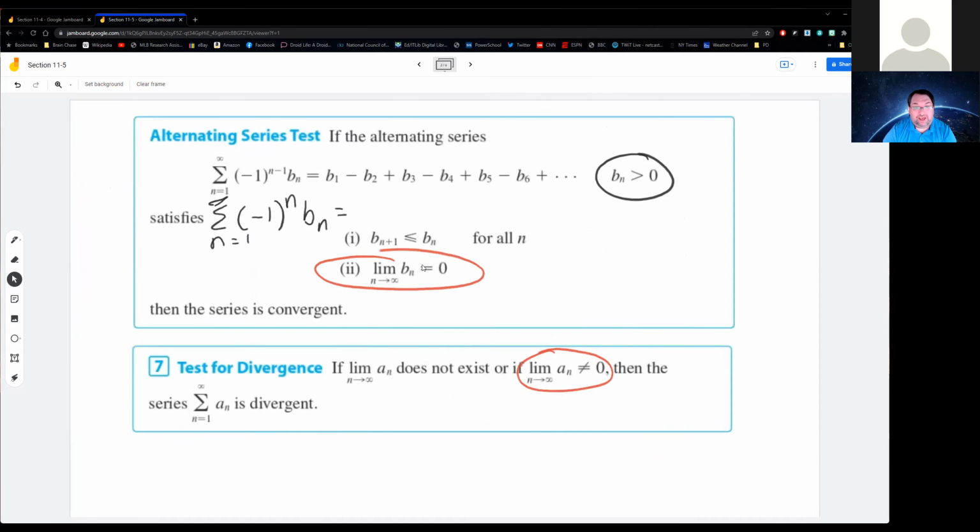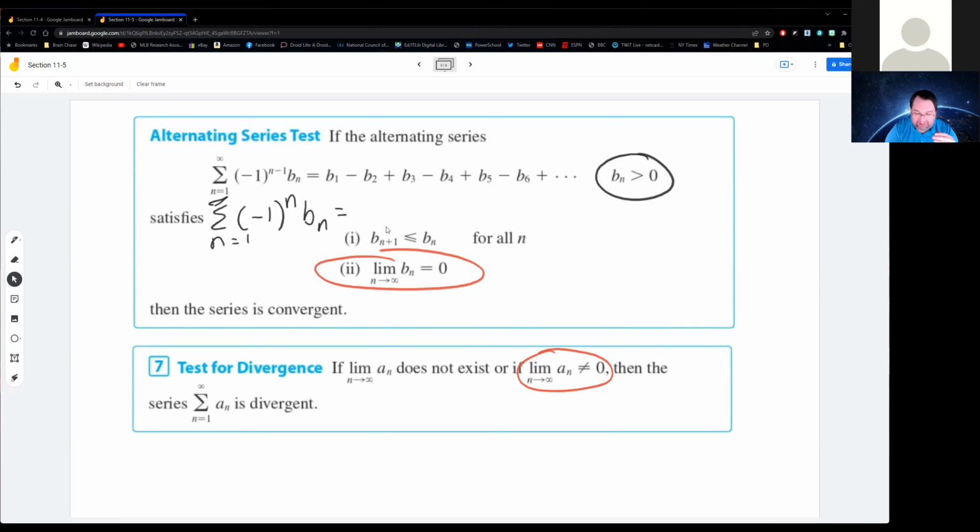If it fails criteria 1 but passes criteria 2, it still wouldn't be convergent. However, your test for divergence wouldn't work because the limit does equal 0. Say that again, please.